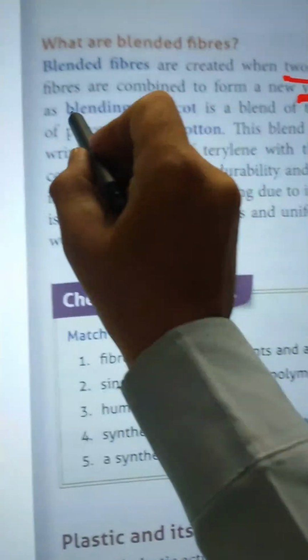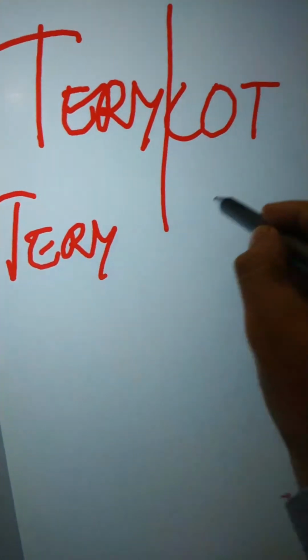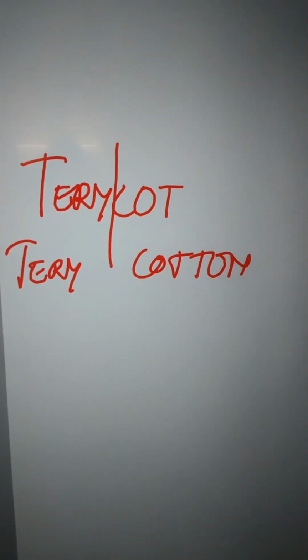This process is called blending. An example of a blended fiber is terracotta. Terracotta is a mixture of two: terylene and cot, which is cotton. So it is made up of two fibers, terylene which is one fiber and cotton which is natural.